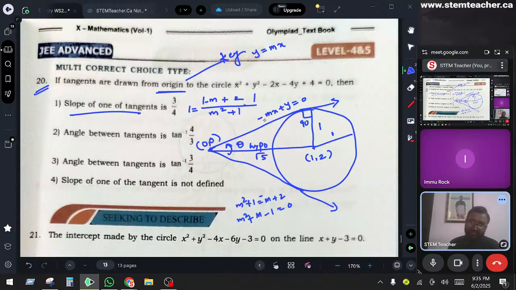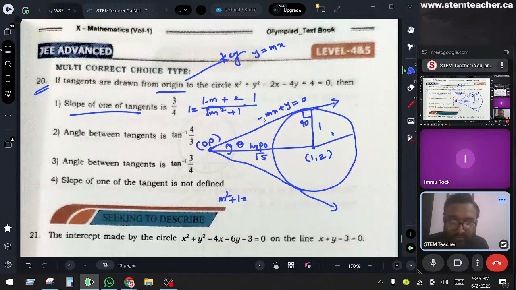-2 minus m plus 2, y is equal to mx minus m plus 2. Brother, this is under root. Oh, how many mistakes I have made. I made a lot of mistakes. See, I made a lot of mistakes. What is this? m square plus 1 is equal to m square minus 2m plus 4. m square plus 1 is equal to m square minus 4m.